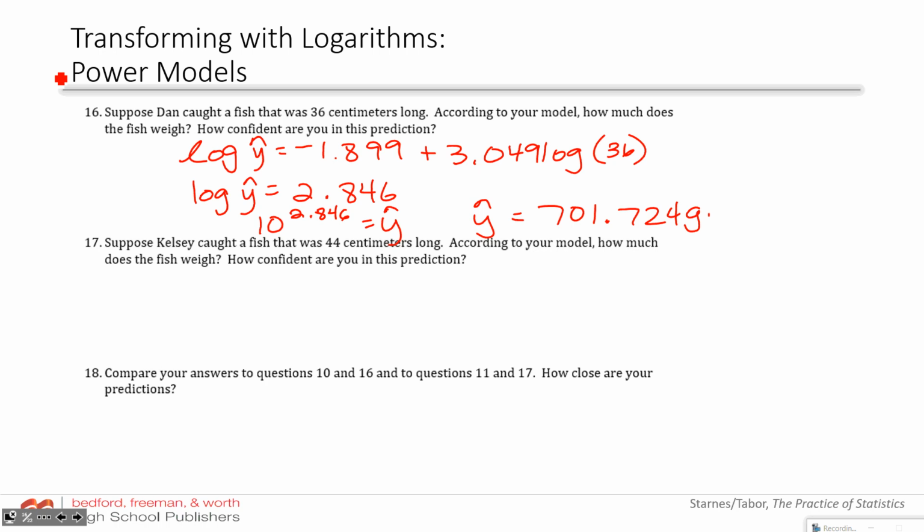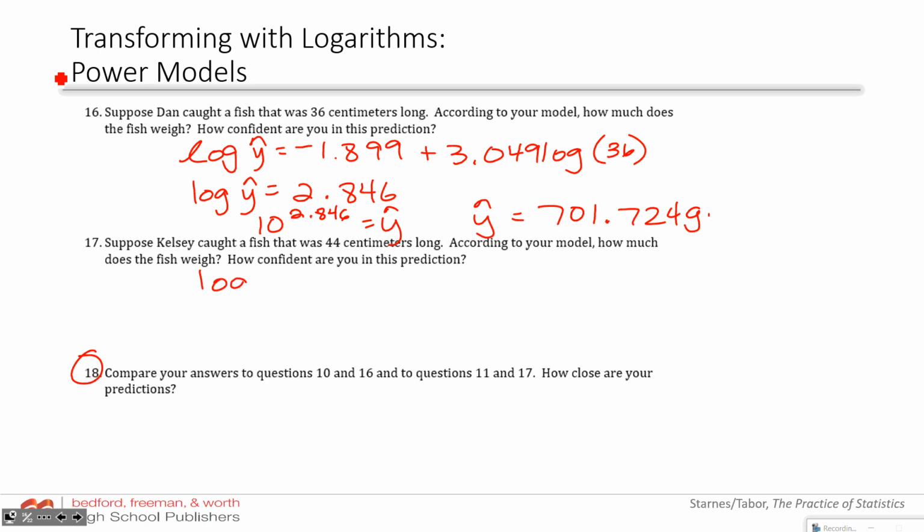And if I compare this answer to previous problems in your packet, like number 10, our answer to number 10 was 688.855. So it's a little bit off, but it's pretty close. And then we looked at a model in class, it's not in this packet, where instead of cubing the lengths, we cube rooted the weights. And that output was pretty close as well. And then you can make your prediction in number 17.